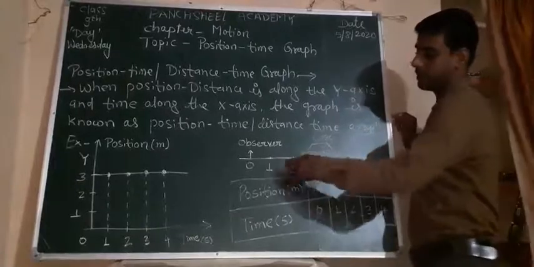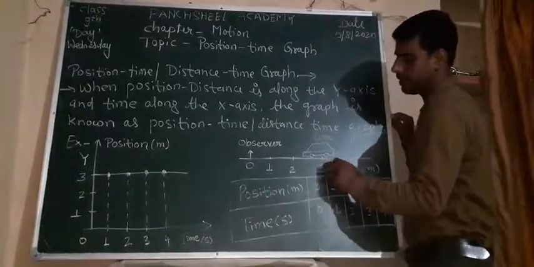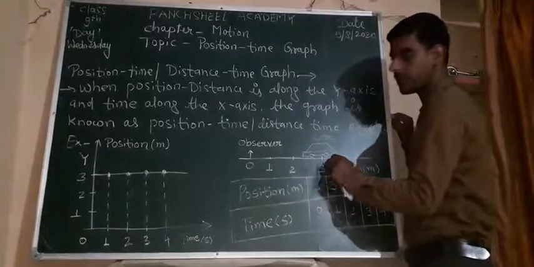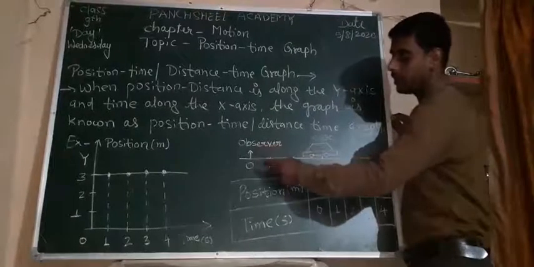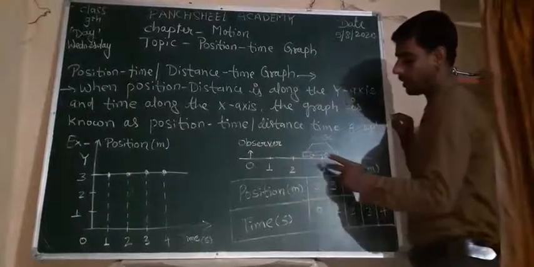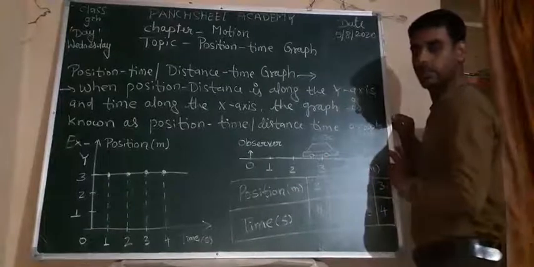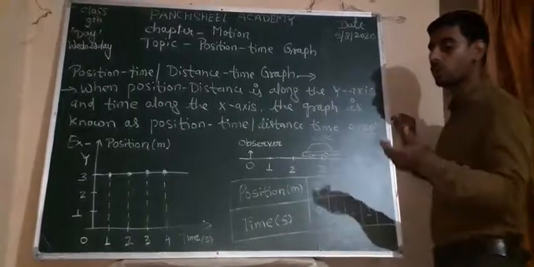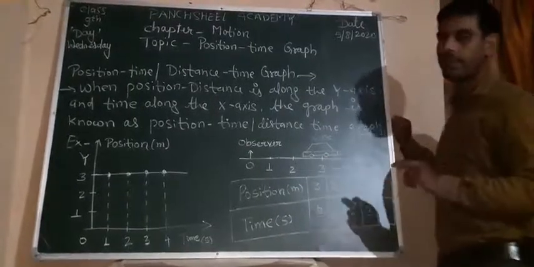This is the distance. So the car is at 3-meter distance from the observer. This is the 1 meter, 2 meter and 3 meter. So how to plot the graph?